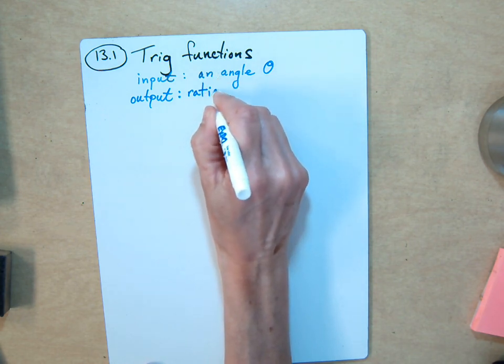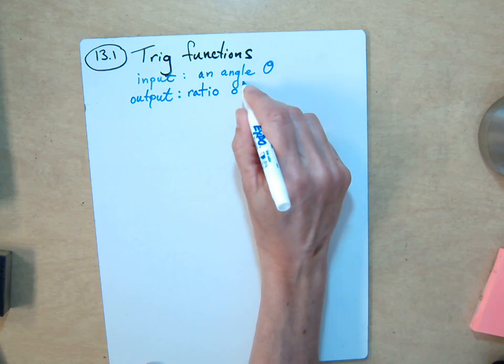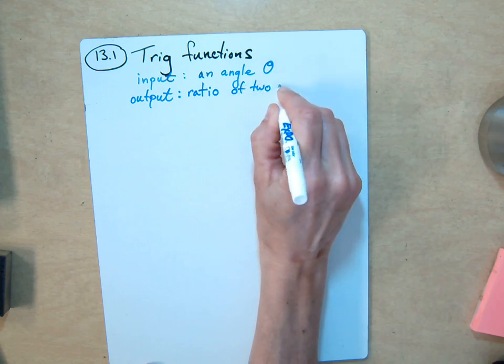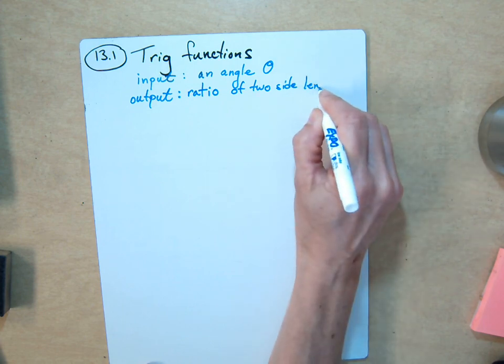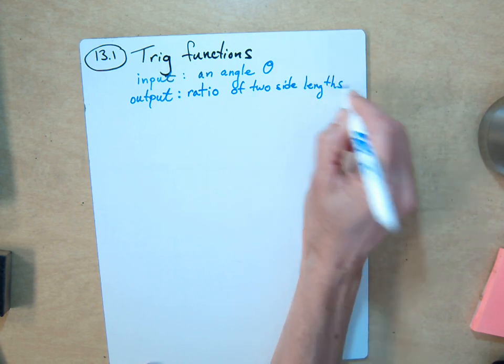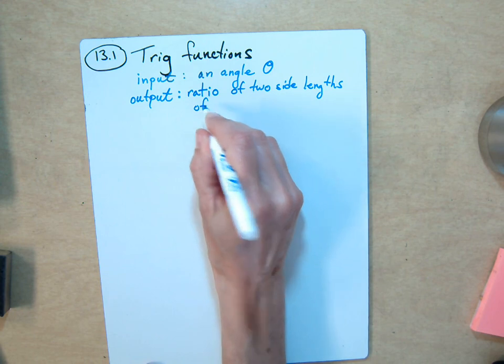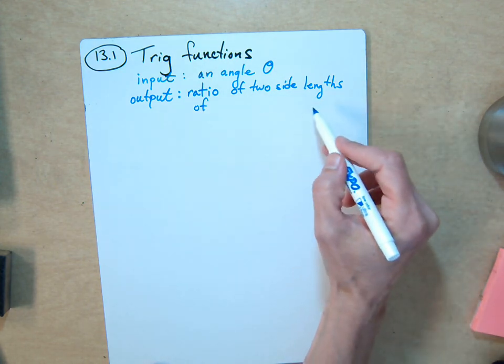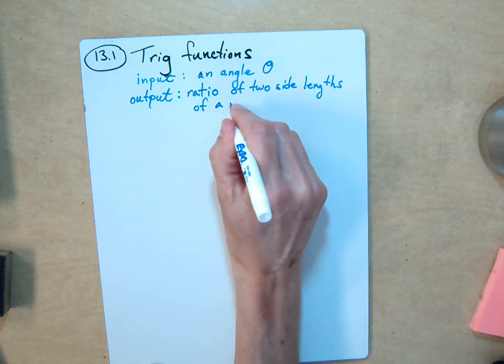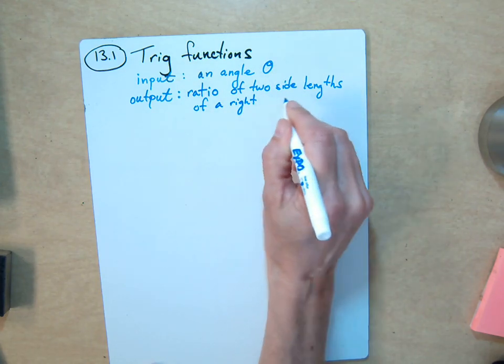So it's a fraction or a ratio of two side lengths of a right triangle, which is why we have to use the geometry that we've learned with right triangles.